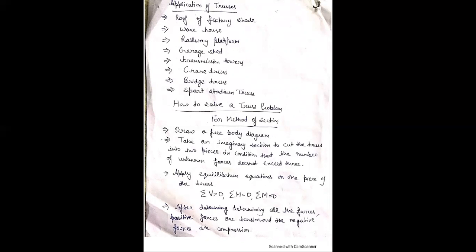Third, apply the equilibrium conditions on one piece of the truss. After that, determine all the forces. Positive forces are tension and negative forces are compression. These are the steps to solve a truss problem.